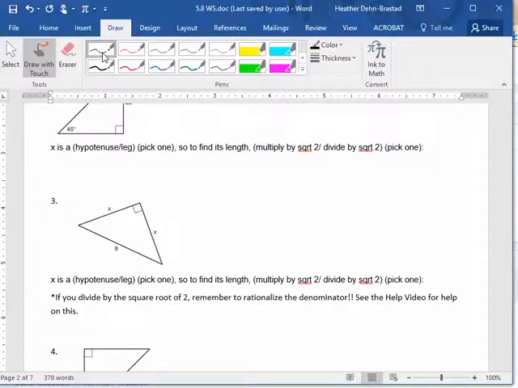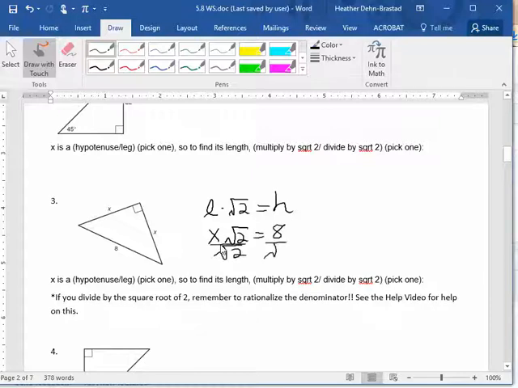I know the theorem says that if I have L, I would multiply by the square root of 2 to get the hypotenuse. And I know that L is x, and I know the hypotenuse is 8. So I'm solving this, I will be dividing both sides by the square root of 2.